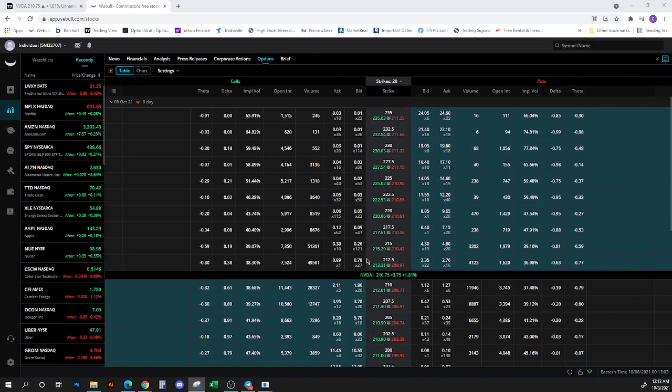Able to do a little quick math here. You can see that the difference in premium between the 212 and the 215 is pretty significant. You're paying almost $90 here for $40, and here you're paying $30 for $20. So if you were to get two of these calls, it would cost you $60. And if this moved to 211, your expected profit is exactly the same delta.